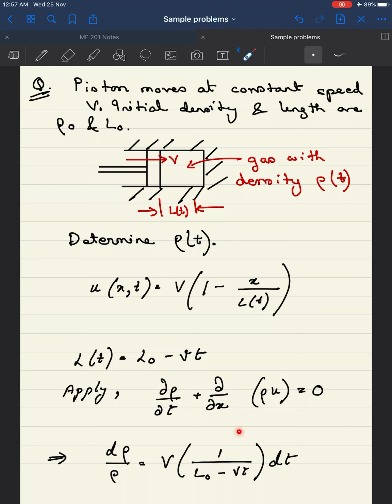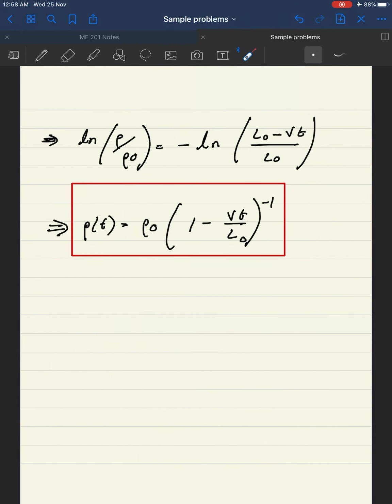And then you can rearrange this in this particular fashion, and then you integrate both sides, right? So on this side you integrate from rho naught to some rho, and on this side you integrate from time equal to 0 to some time equal to t. When you do that, you will see that the log of rho by rho naught, I have skipped some steps obviously, is equal to, yeah, so when you do this integration, this result comes out. So this is the final answer.